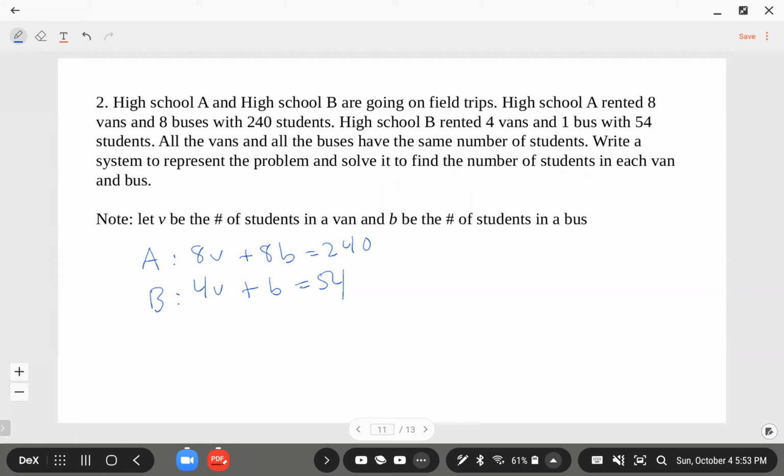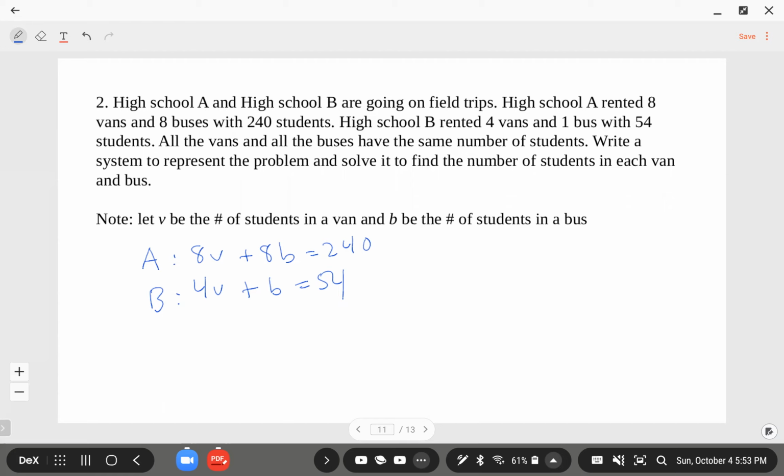Now, how do we solve this? We can just add or subtract these equations. We can't use elimination right now because it won't eliminate anything. So as I explained to you, Jason, we have to multiply these equations by a certain number.